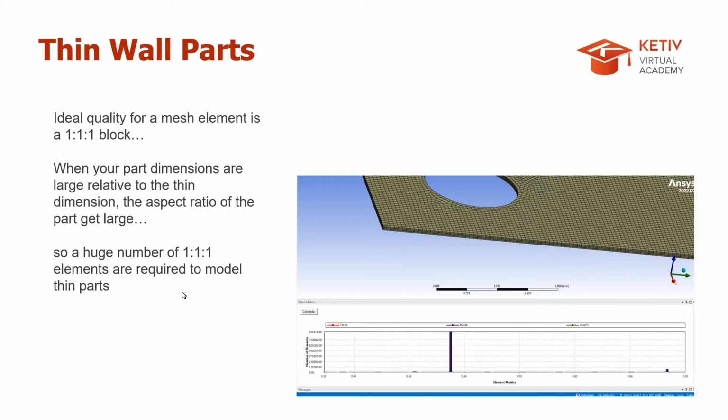So when I have a long and thin part, I have to chop it up into much tinier pieces. And when it's really long and really thin, it turns out that it has to be a huge number of pieces. And so we end up having models that have millions and millions of elements just for this one thin part.